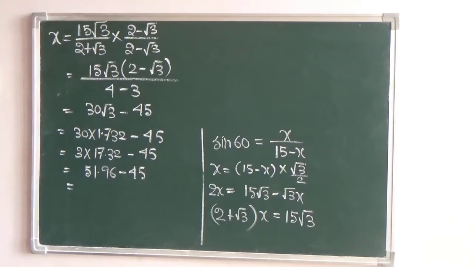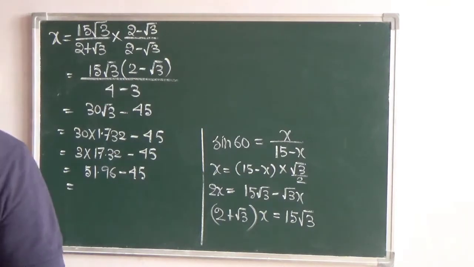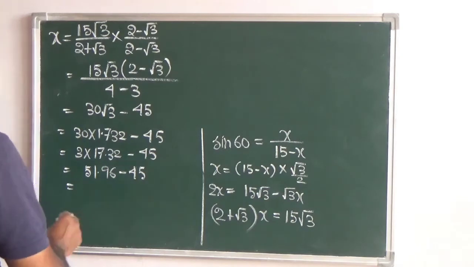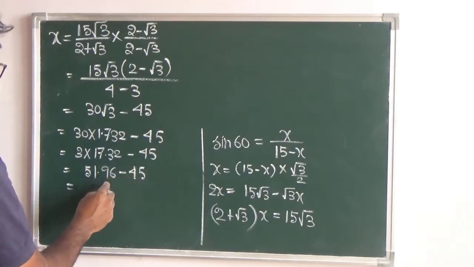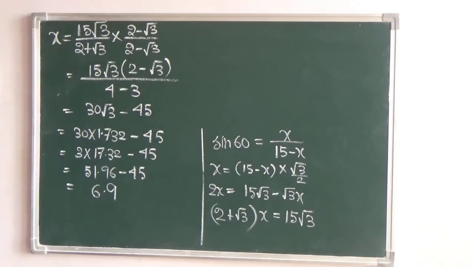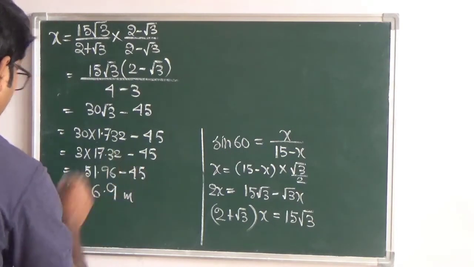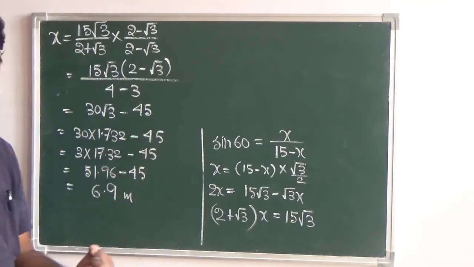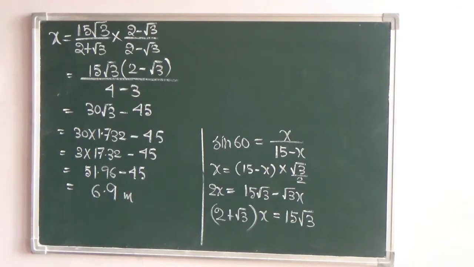So this will be the required height from where the tree has broken. Let us calculate this. It is coming to approximately 6.9 meters. So it is 6.9 meters above the ground from where the tree is broken and has reached the ground. So this is question number 3.